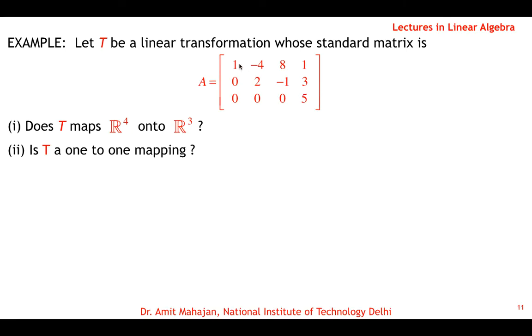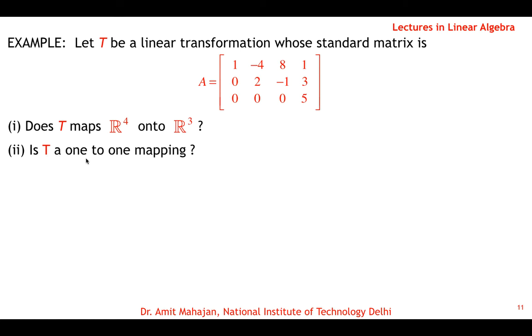Because all the pivot positions are there in all the rows on the A side, the system is always consistent, and in fact always consistent with infinite solutions, because there is a free variable also. Okay, so clearly the mapping is an onto mapping.